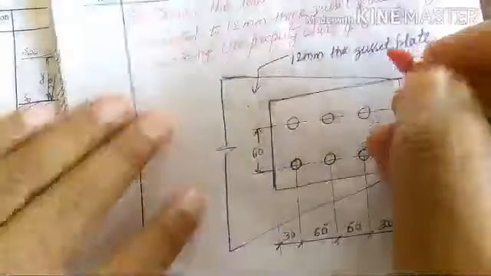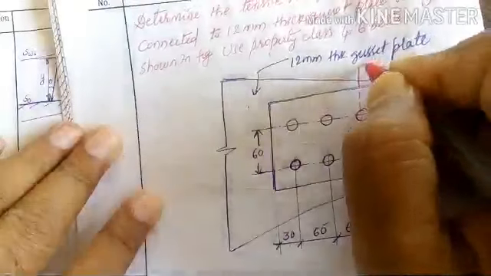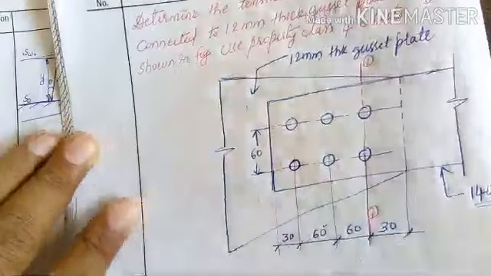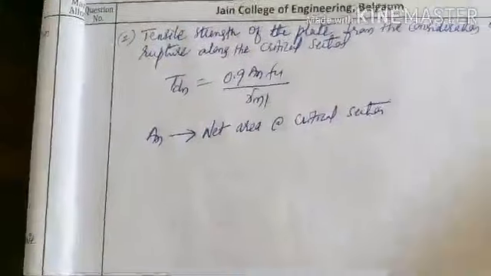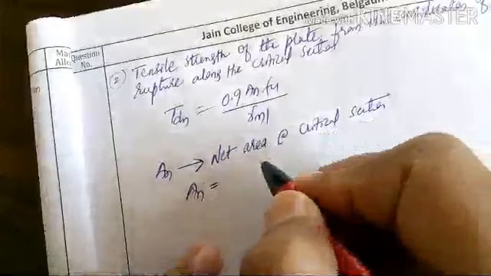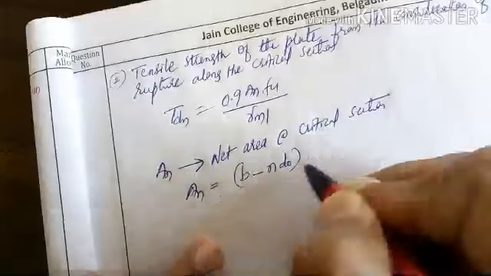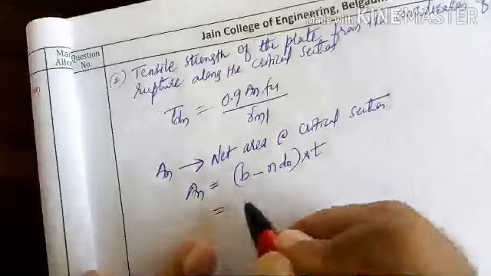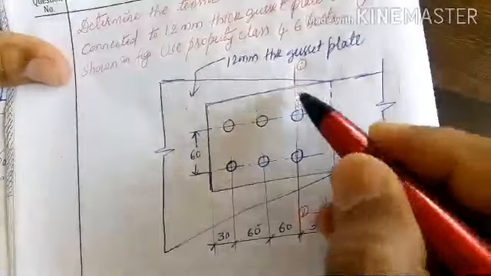Here, this portion is the critical section, so section 1 is critical. Along this, what is the net area? AN equals B minus n into d0 into thickness. B is the width of the plate, 140, minus the number of bolts along the critical section.